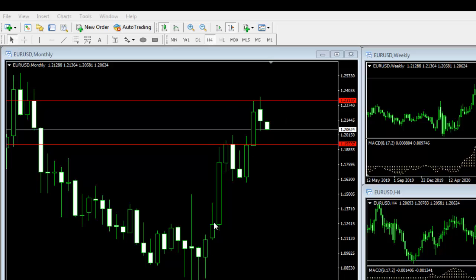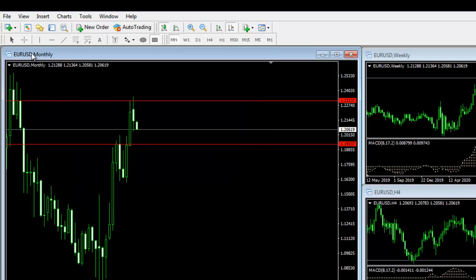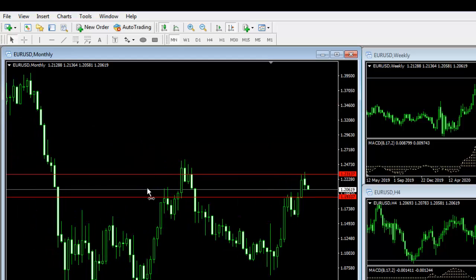We're looking at the monthly chart. My sentiment here, with my support and resistance levels, is that the market, coming off from a bearish move, is either going to be turning around, or alternatively this is just a pullback on a continued sell.